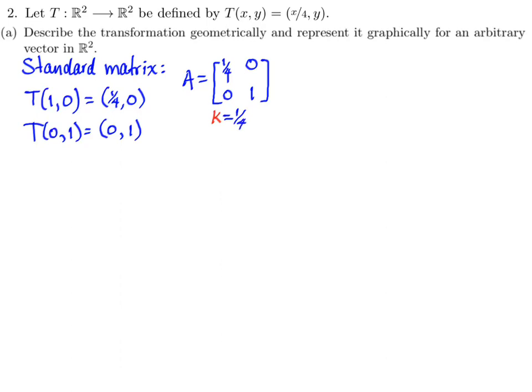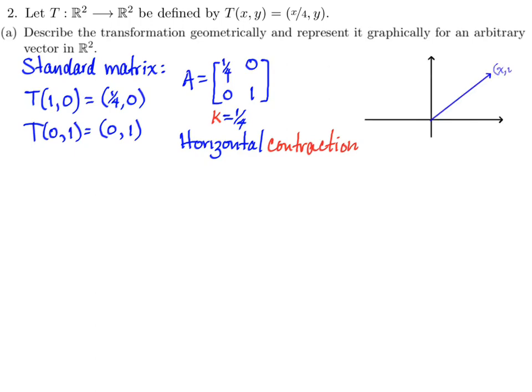Then we can see here, if we couldn't tell before, that k is just 1/4, and we have a horizontal contraction. So let's visualize that geometrically for an arbitrary vector. There's an arbitrary vector x, y. If we multiply x by 1/4, but leave y alone, we get a vector that looks like that. Okay, so that's an example.